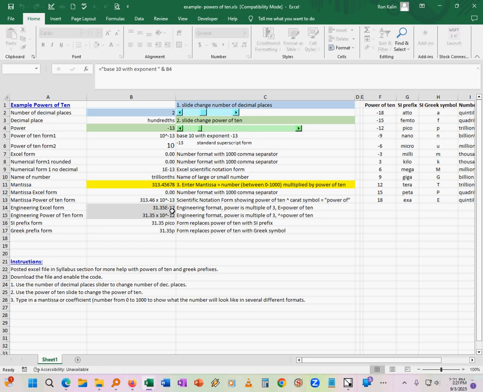Engineering format is what we're mostly going to be using in this class. And the reason for it is that you can use these Greek letters and also the SI prefixes. This would still be pronounced 31.35 pico. It's just with a small p instead of being spelled out here.